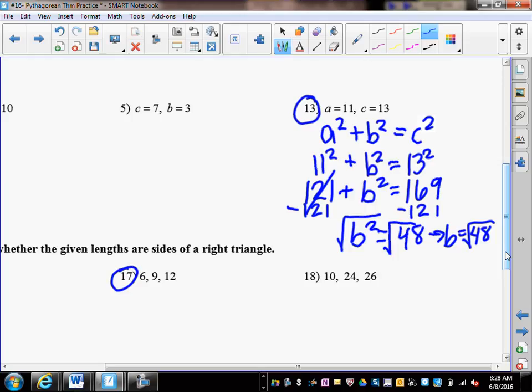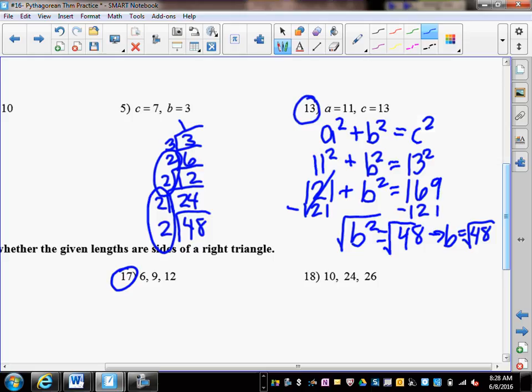All right, so we have to do our factor ladder. 48 divided by 2 gives me 24. Divided by 2 is 12. Divided by 2 is 6. Divided by 2 is 3. Divided by 3 is 1. All right, square root, groups of 2. Group of 2. Group of 2. Any others? Nope.